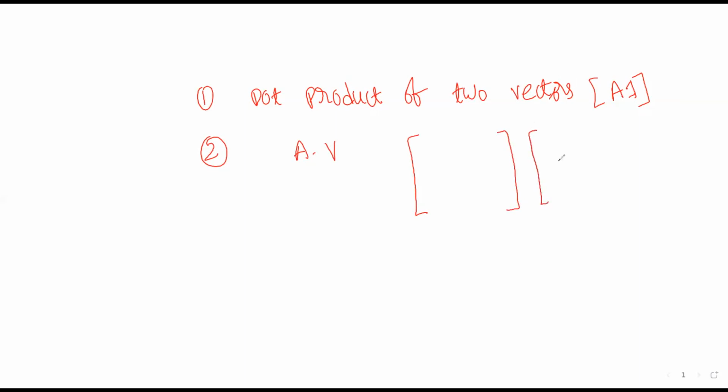When you multiply an m by n matrix with an n by 1 matrix, what is the dimension of the resultant matrix? M by 1. You all studied this, right? I hope you all studied this one.